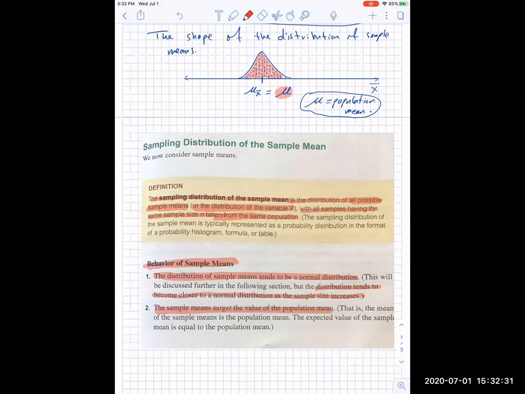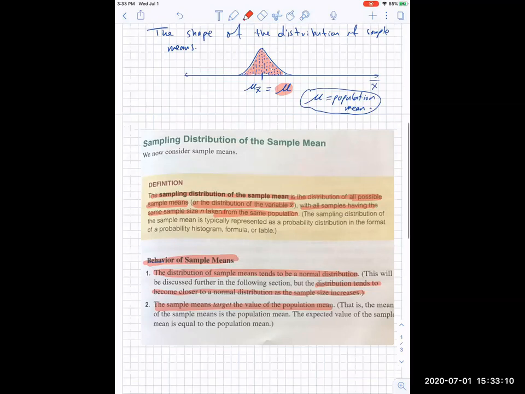These samples came from a population, and those sample means are clustered around the population mean. I think of the population as the mother and the samples as the children, and the children are around the mother. They have similar values, so the sample means have values very close to the population mean. And it makes sense, because all these samples came from the same population.